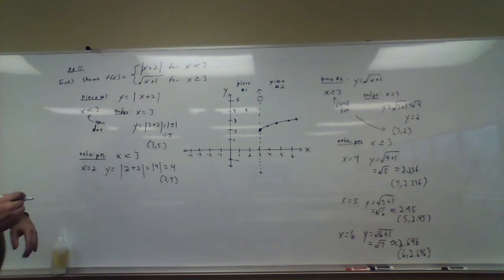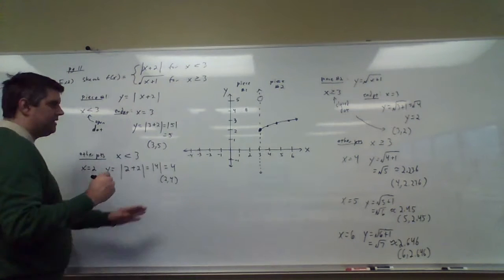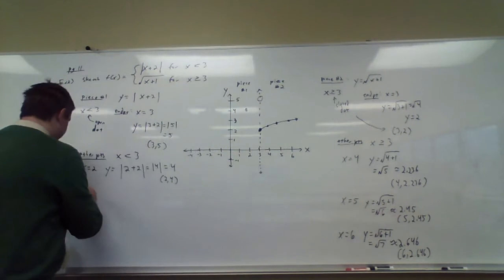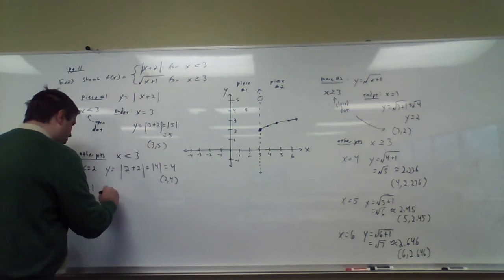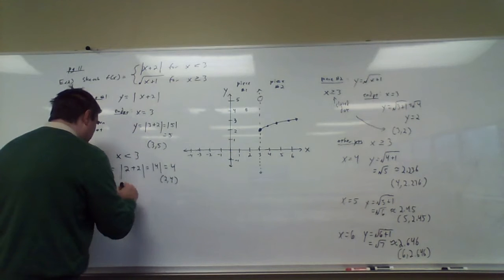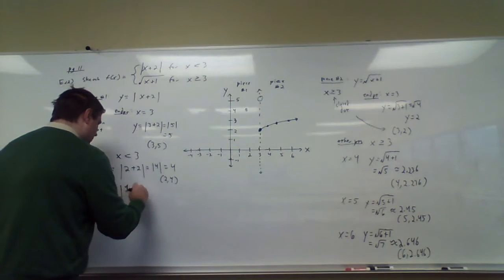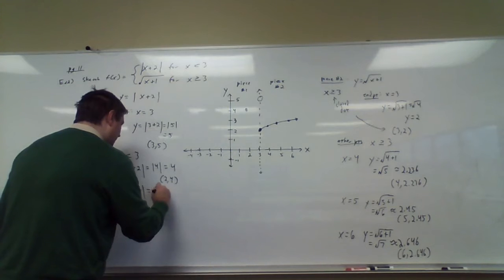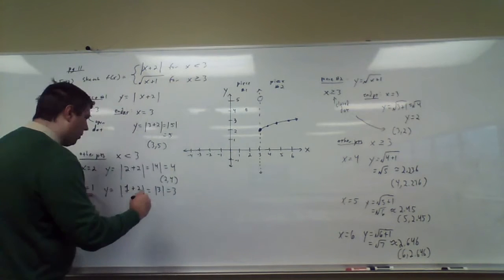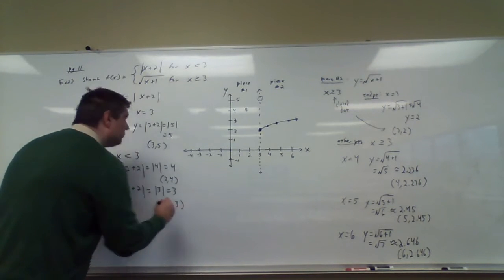Everything else is going to get a closed dot. All right, so we did 2. Now we'll do 1. y equals the absolute value of 1 plus 2, which is the absolute value of 3, which is just 3. So (1, 3).